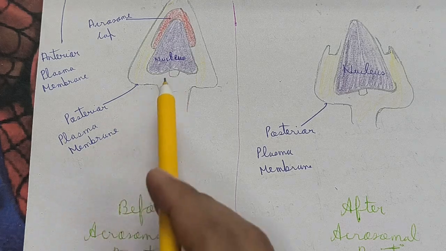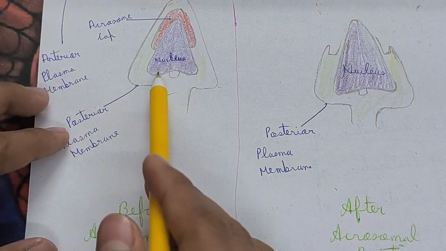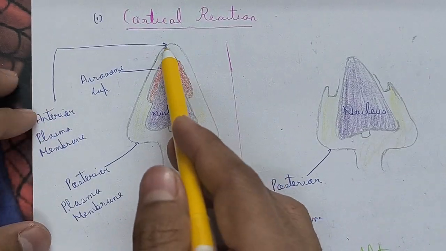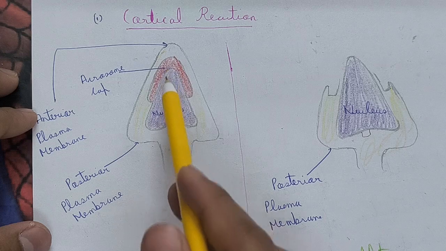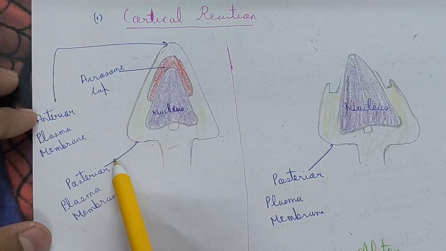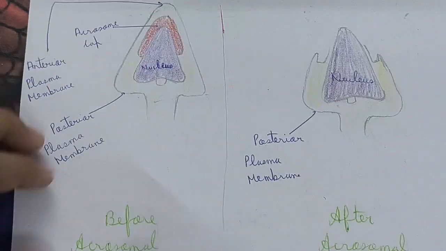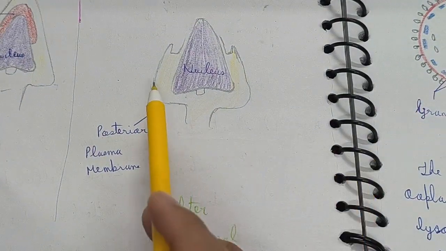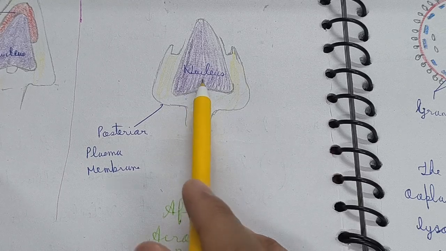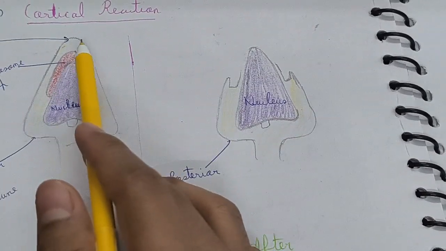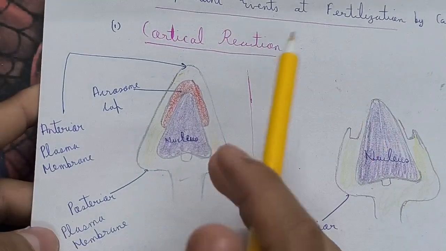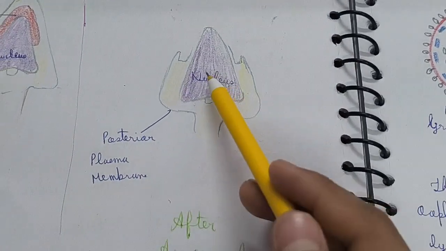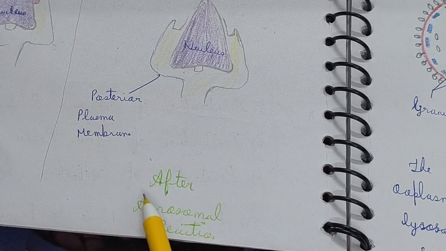Before the acrosomal reaction, in the head of the sperm, the nucleus is present, the anterior plasma membrane is present, the acrosomal cap is present, and the posterior plasma membrane is also present. After the acrosomal reaction, the acrosomal cap and anterior plasma membrane are removed, and only the posterior plasma membrane and nucleus remain. This is the condition after the acrosomal reaction.